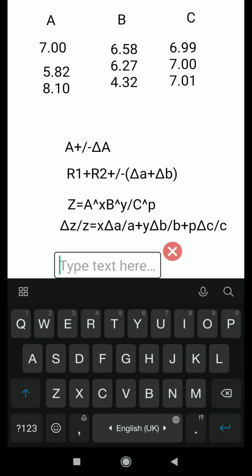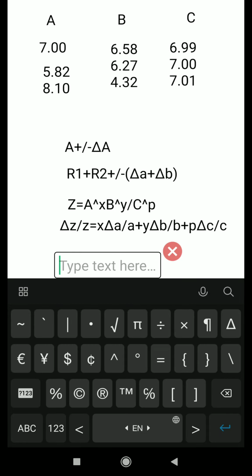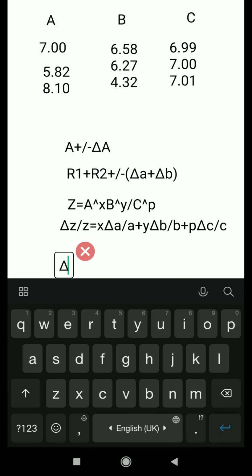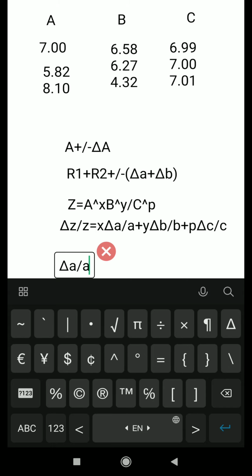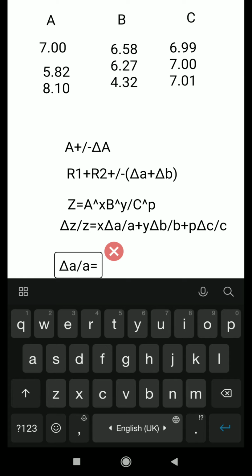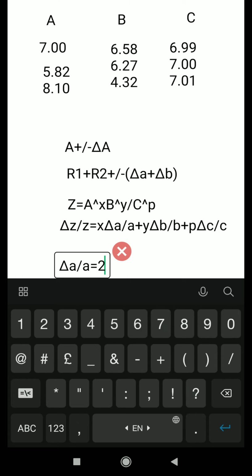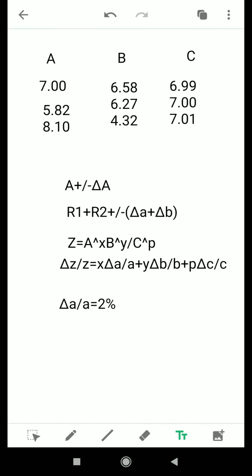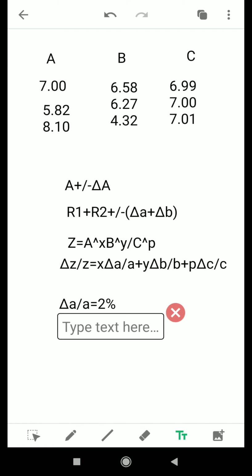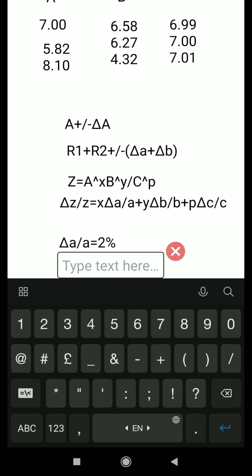So here we can find that del A by A is equal to 2%. Clear? Del B by B is 3% and del C by C is 4%.